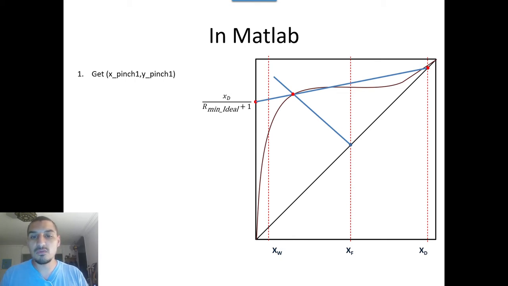So what we said in the previous video is that we got some values of x, and then we checked if the operating line will be above the equilibrium curve, and we were able to get this done. And now the next point is to do the calculations to get the right value of R minimum.